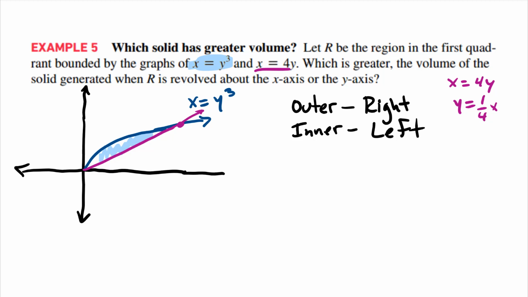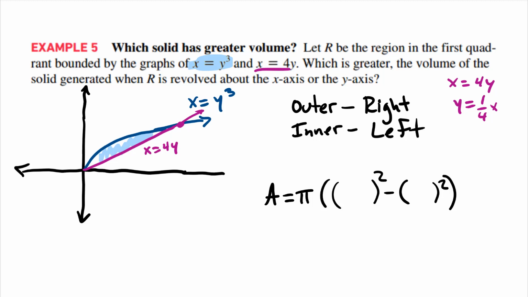I think we have it. What's our area function? Our area function is going to be pi times our outer function minus our inner function, all squared. What's our outer function? Now remember, outer is to the right. And what's in purple, x equal to 4y, is always to the right as far as what's enclosed in the area.